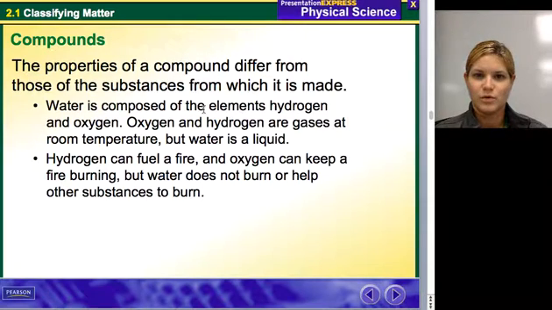It's used as a fuel that actually powers the space rockets. And then we have oxygen, which we know is required to keep a fire burning. You put hydrogen and oxygen together and you get water, which is used to put out fires. So completely different properties from the hydrogen and the oxygen when they're on their own.